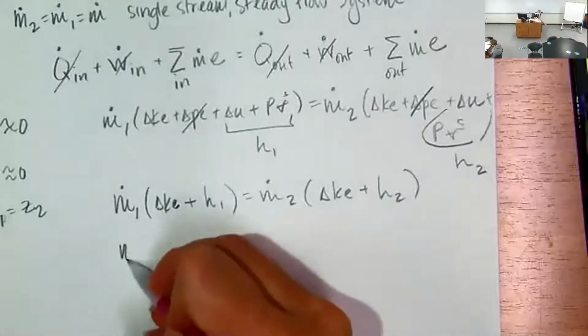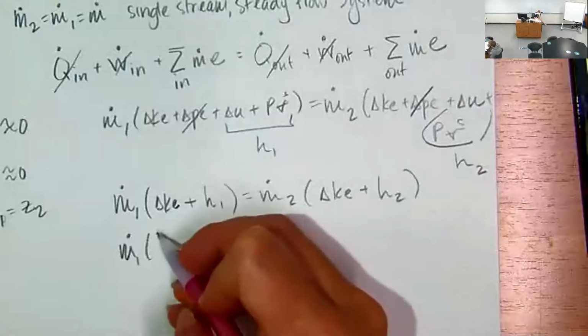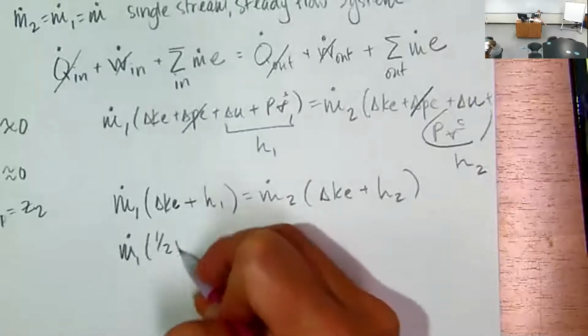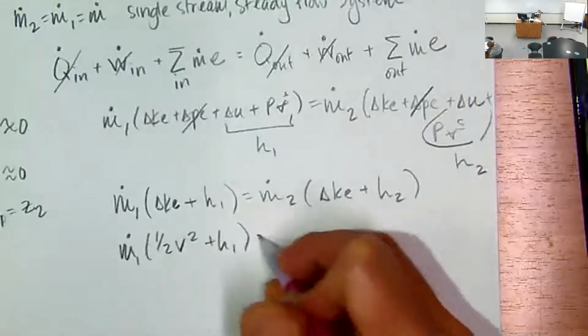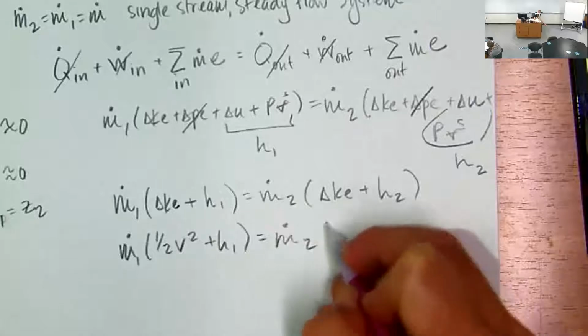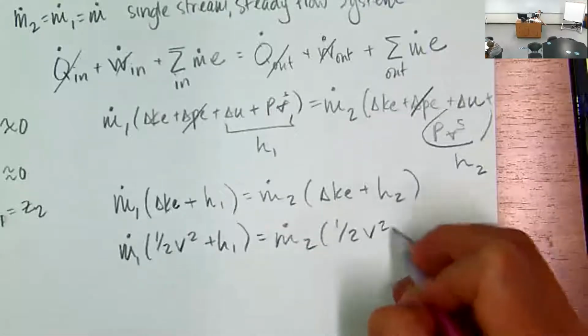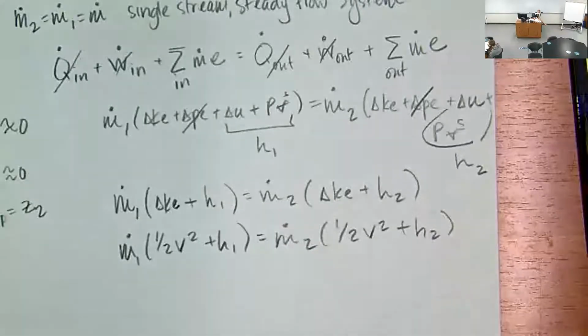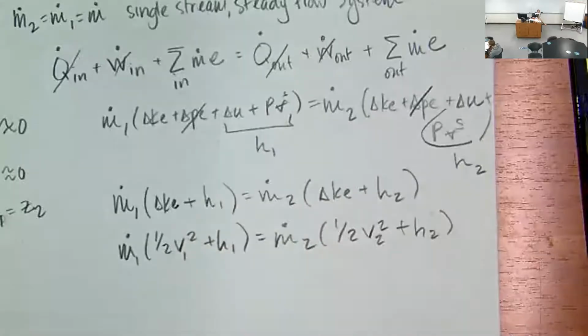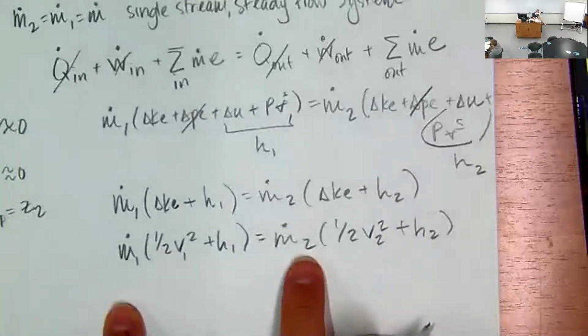We know that our kinetic energy value is 1/2 velocity squared. So 1/2 velocity squared plus h1 is equal to m2 times 1/2 velocity squared plus h2. These are going to be velocity at points 2 and 1. Remember that m1 and m2 are the same value.